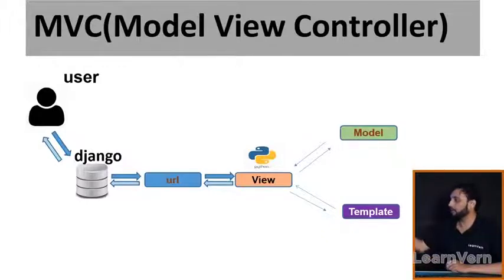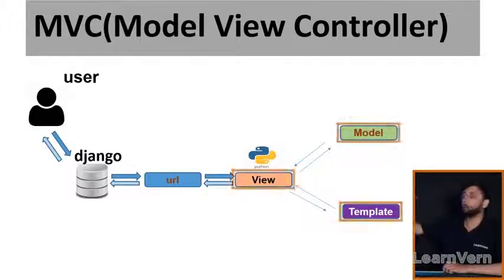Then we hit the URL so that we can see the view. Then we input the data into the web app. It fetches data from the database. If it matches, then it allows us to go further. This is how MVC works.